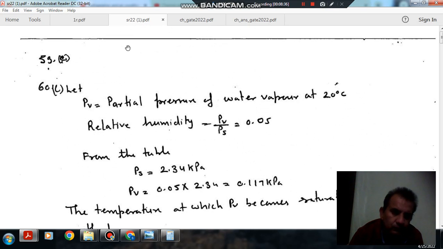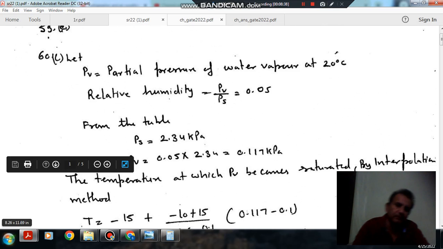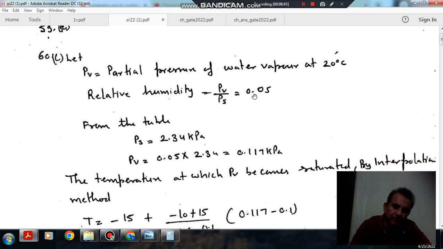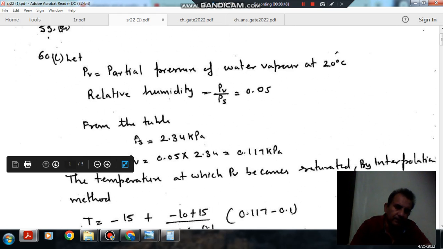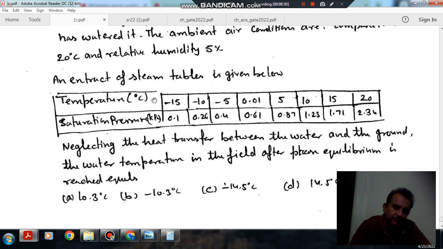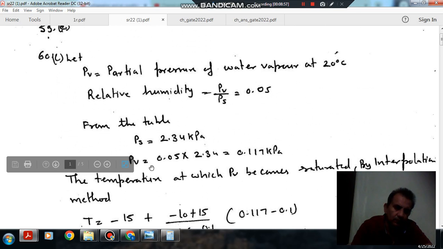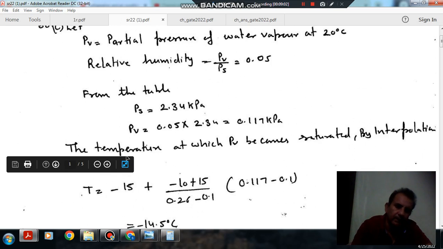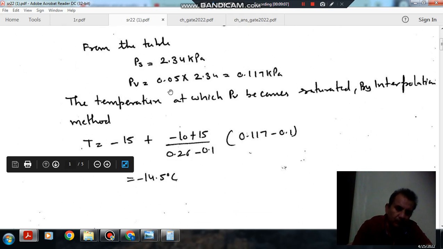Here, PV is the partial pressure of water vapor at 20 degrees Celsius. The relative humidity is PV by PS, which is 0.05, and from the table at 20 degrees Celsius the saturation pressure is 2.34. So we can find the partial pressure, 0.117 kPa, and the temperature at which PV becomes saturated. So we have to decrease the temperature.